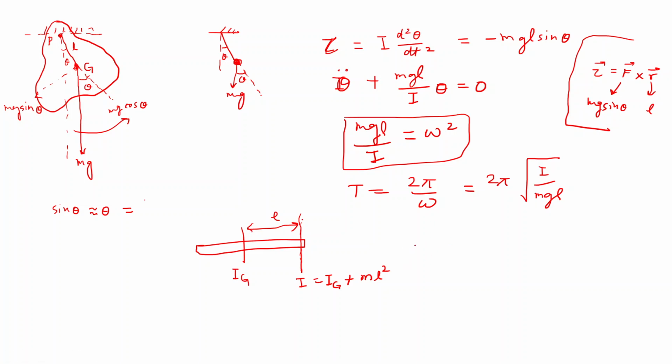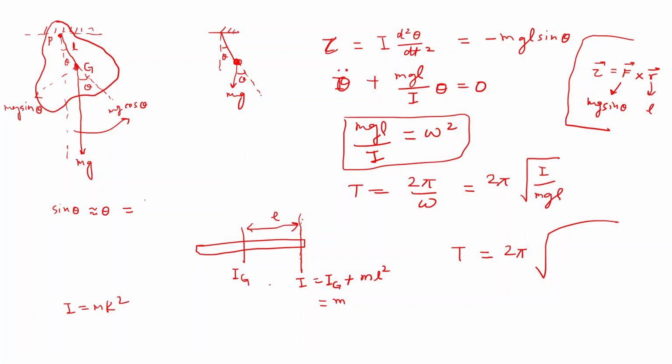Now putting this value here, we'll get time period equal to 2 pi under root, this I is Ig plus m l square, and Ig is actually, as I told, the relation between radius of gyration and moment of inertia, right?